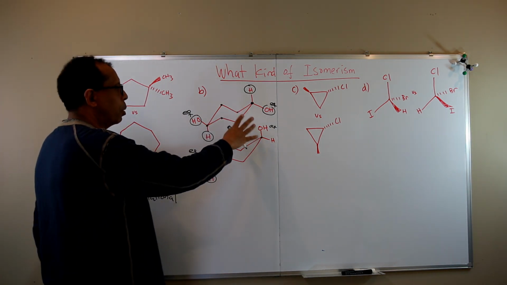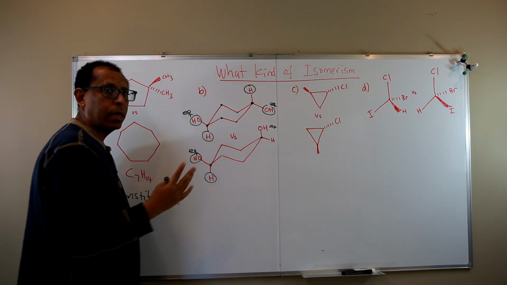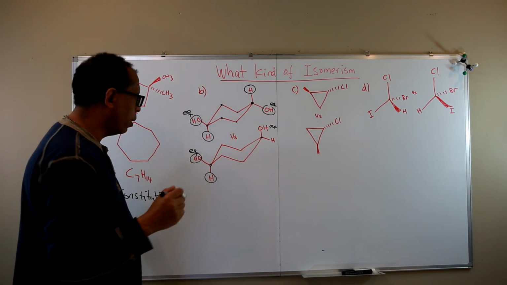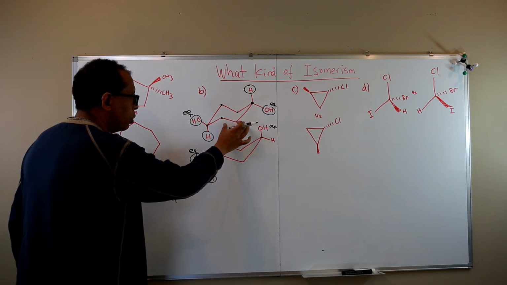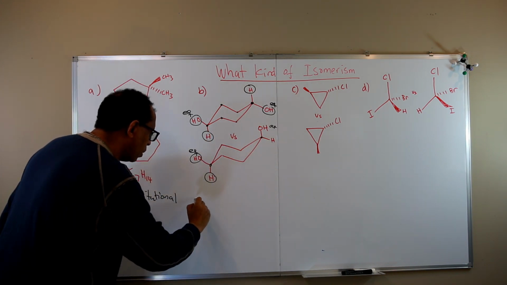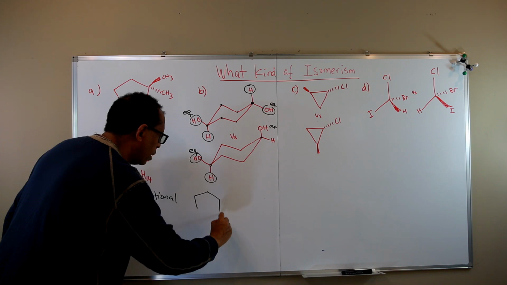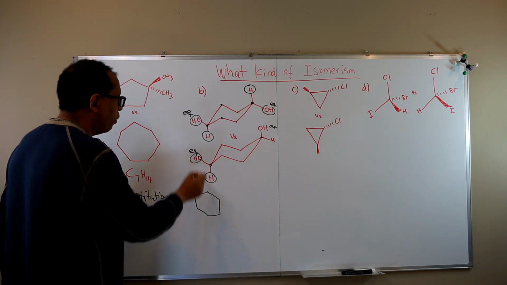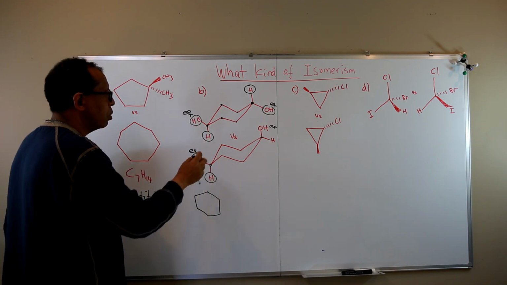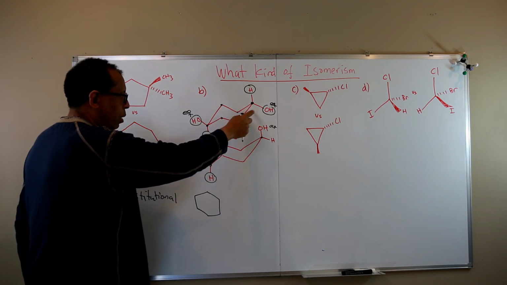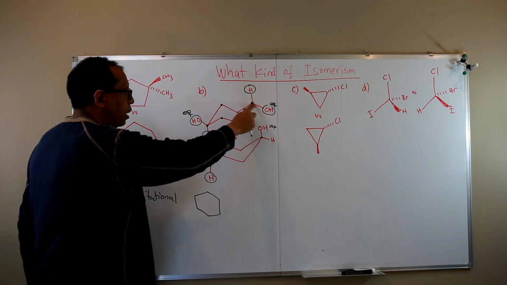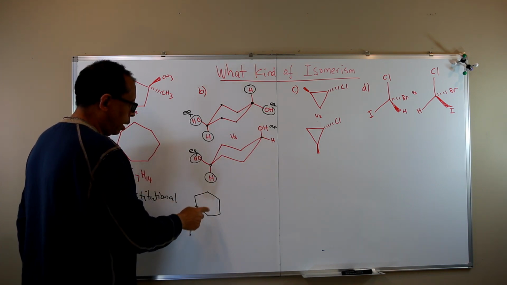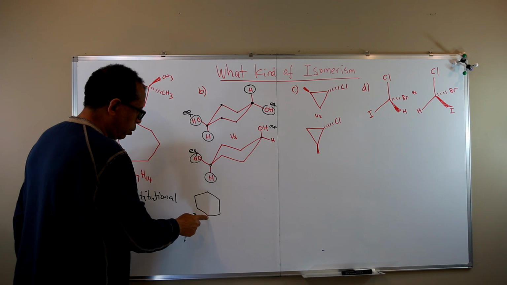Let's also draw how they look in terms of a flat cyclohexane ring. Let me draw this one first. In the cyclohexane ring, the substituents are at the 1 and 4 positions. For this one, the OH is down at this position. If this is 1, I consider the other, 4, would be there.